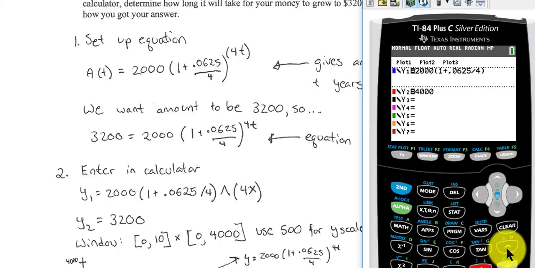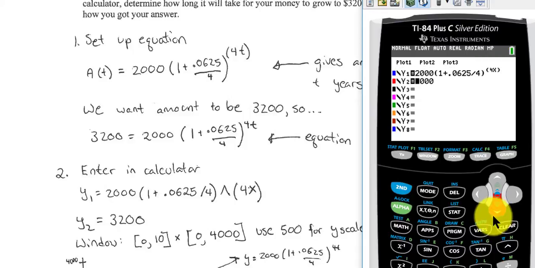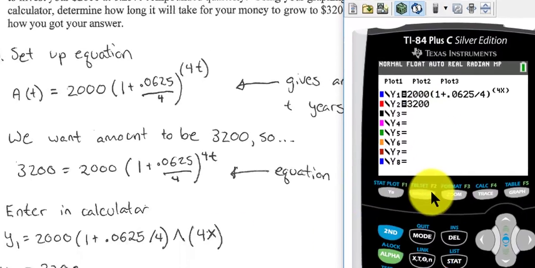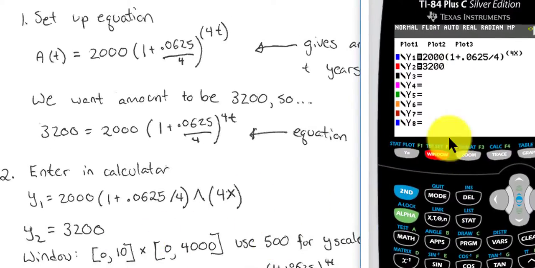That's my R over N, raised to my NT. So the compounding period was 4. I don't know how many years, so I'll put X there, and I'll close that out. And instead of 4,000, the question asks us to figure out how long this will take to get to 3,200.